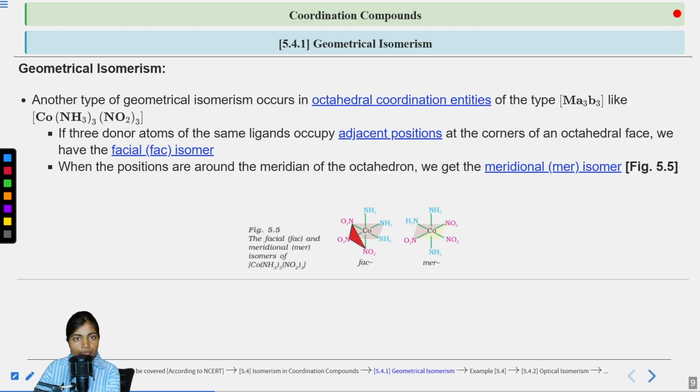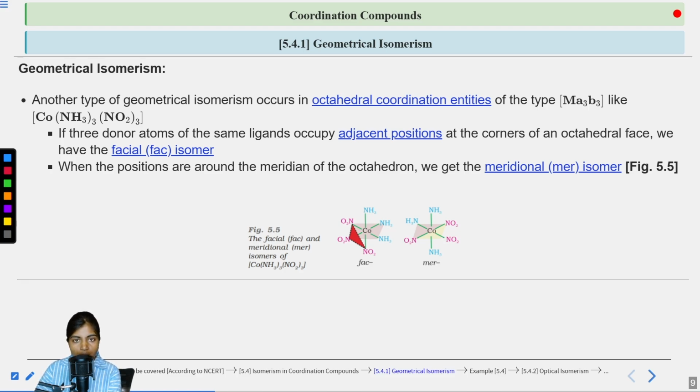So when these three donor atoms of the same NO2 ligand occupy adjacent positions at the corners of an octahedral face, this red triangle shows that face at the corners of which the three ligand donor atoms are present, and this forms the facial isomer of this complex.